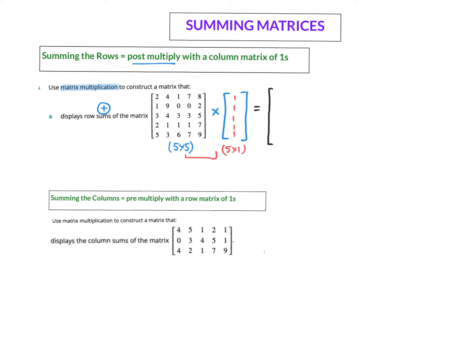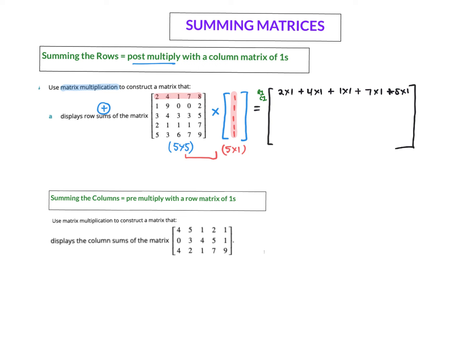If I was finding this first answer here in row 1, column 1, I'd be using this row with this column. It would be 2 times 1 plus 4 times 1 plus 1 times 1 plus 7 times 1 plus 8 times 1. Can you see, essentially, that would add them all up, wouldn't it?